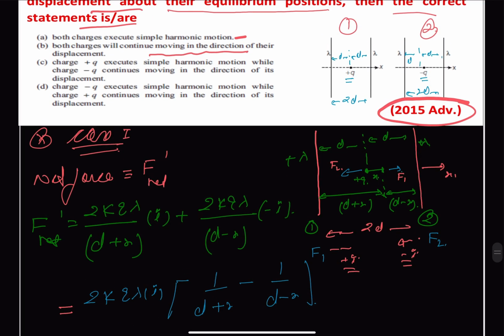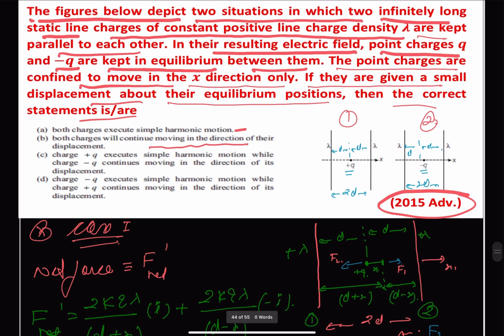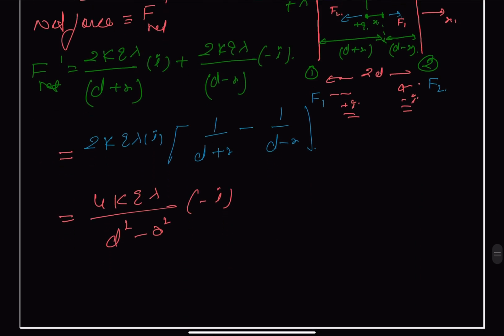And if x is very much less than d, we can write our net force as equal to 4k q lambda, and here I forgot to write x, and this is our x, divided by d square. And we have a minus i.